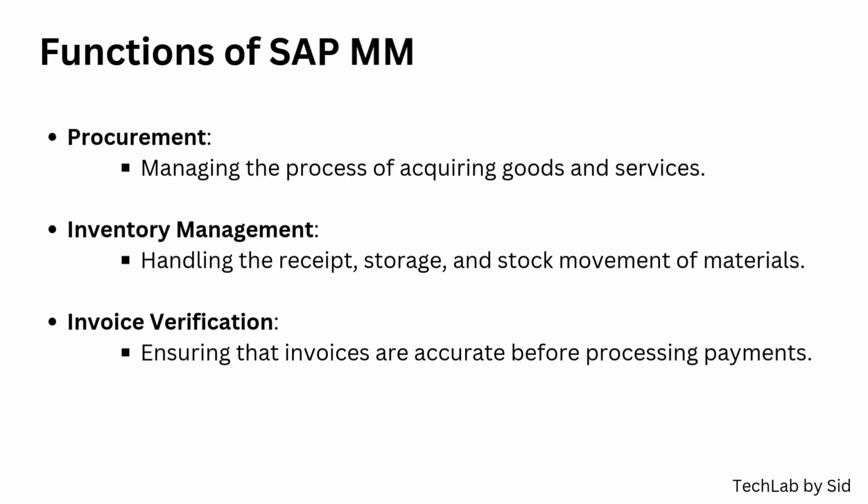Inventory management ensures efficient tracking, storage, and movement of materials, while real-time monitoring of stock levels prevents shortages and excess stock. Invoice verification cross-checks purchase orders, goods receipts, and invoices, eliminating errors and overpayments, thereby ensuring financial accuracy.